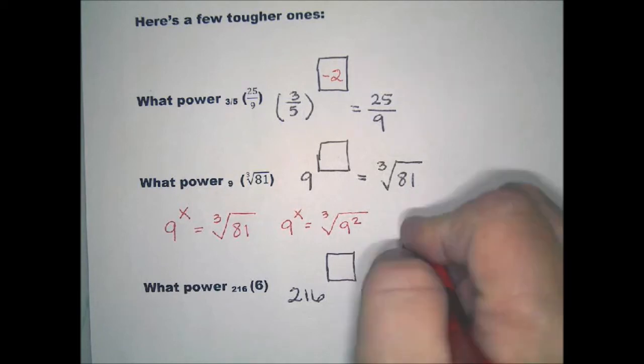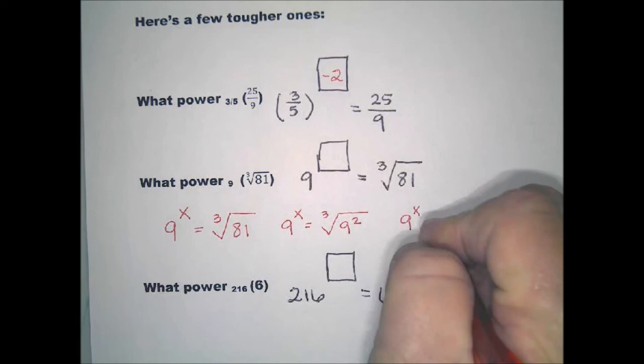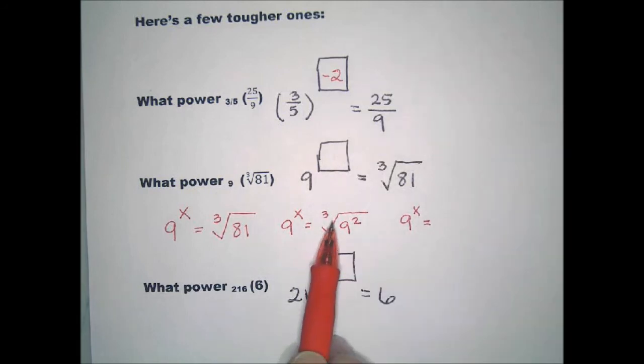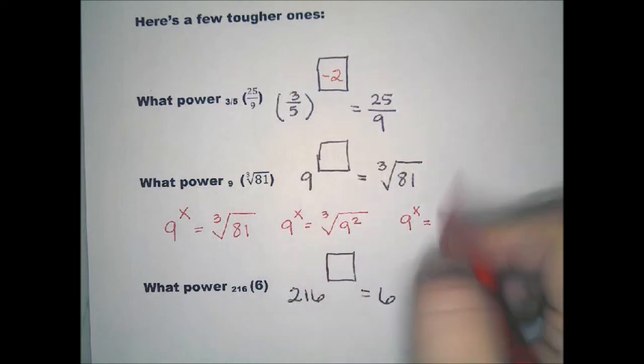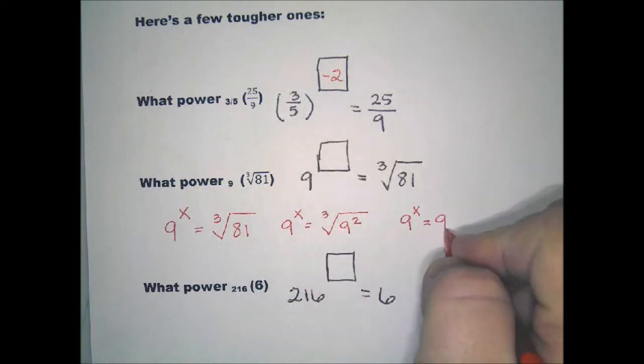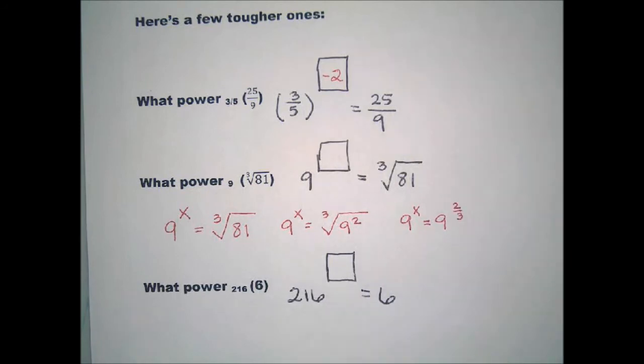Now my last step is going to be take this out of radical form and put it into exponential form. The cube root of 9 squared is the same thing as 9 raised to the 2/3 power. Because remember, the index of the radical becomes the denominator of the fraction.